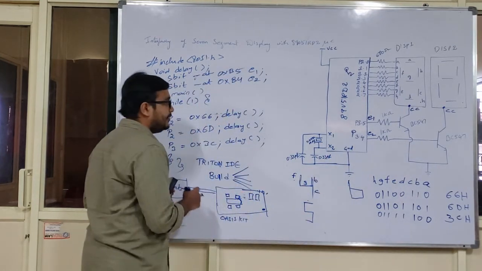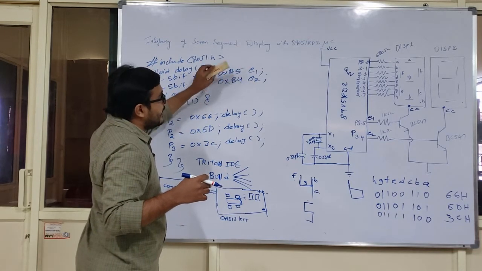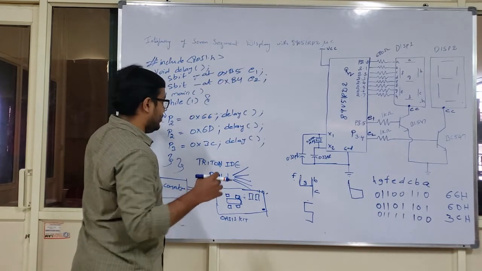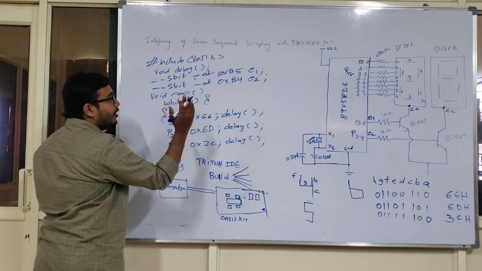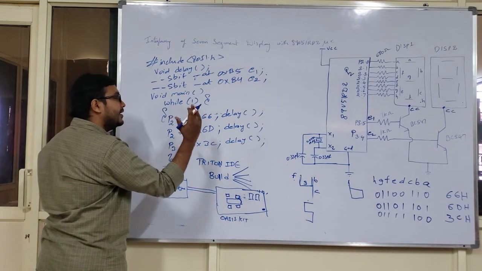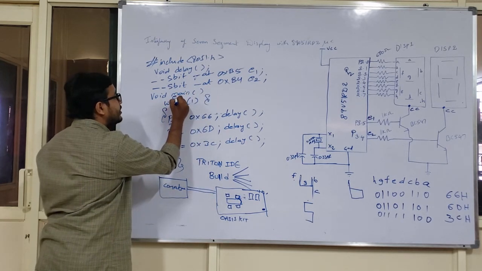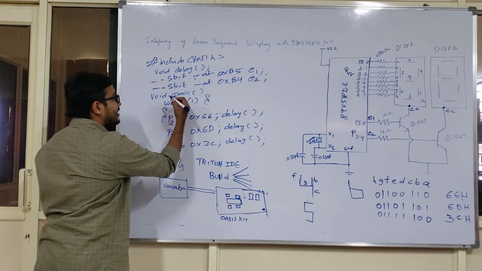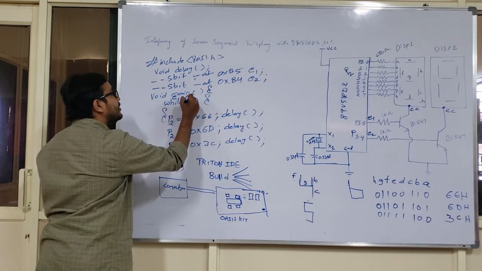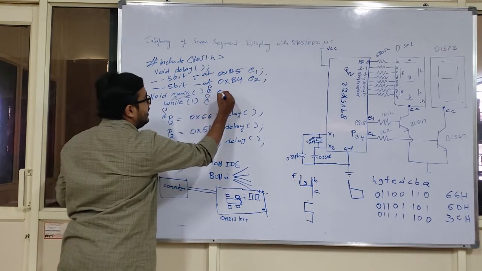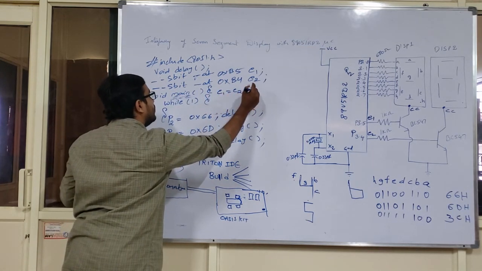Now E1, E2, these I have taken in the sbit format in the programming. So before the start of your while loop, if I want the same information to be displayed on both the 7 segment displays, what I will do is, as soon as I start my void main program, write E1 equal to E2 equal to 1.